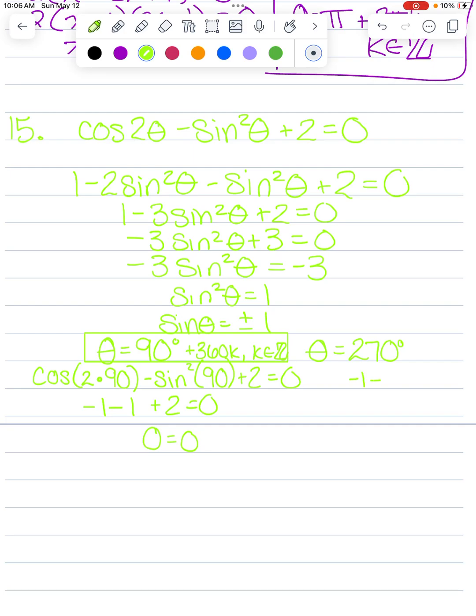Negative 1 minus sine of 270 squared. Sine of 270 is negative 1. Squared that is positive 1, and it's still a minus in the equation. Plus 2 equals 0. 0 equals 0 again.